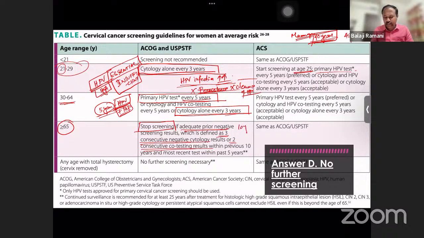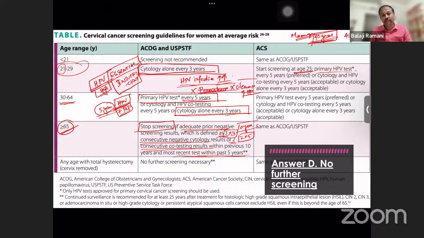Basically, in the last 10 years, there should be nothing positive, nothing suspicious, no ASCUS, no high risk lesions. 2 co-tests means 2 into 5 years, you have done it and there is nothing. Or 3 negative cytology tests alone, 3 into 3, so that is 9 years. So somewhere around 9 to 10 years, you have not had anything positive. If that is the case, at more than 65, you can stop testing. Again, the last test should also be negative, and the most recent test should have been done within the past 5 years.